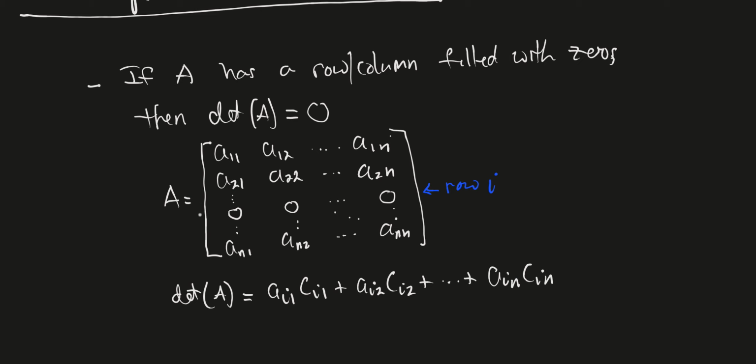But if all the entries in that row are 0, then all these coefficients of the C's, those A's, are 0. So I end up with 0 plus 0 plus dot dot dot 0, and therefore the determinant is equal to 0, right?